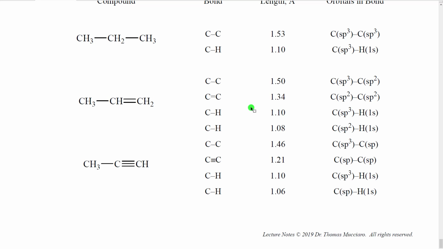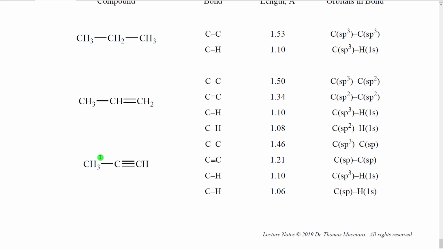That bond is going to be even shorter, and it's significantly shorter at 134. So I think 134 is a lot smaller number than 153. It's noticeably smaller. If we look at the CH bonds, we see a similar kind of thing. The sp3 to hydrogen 1s's are still 110, but the sp2s are a little shorter, 108.